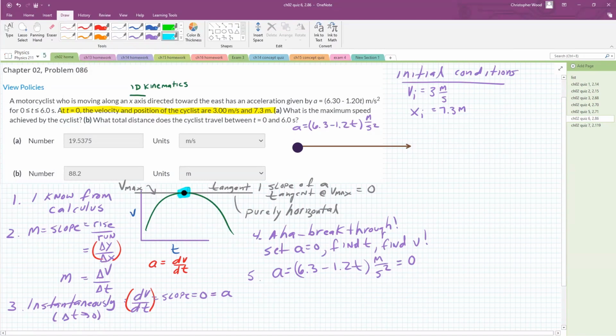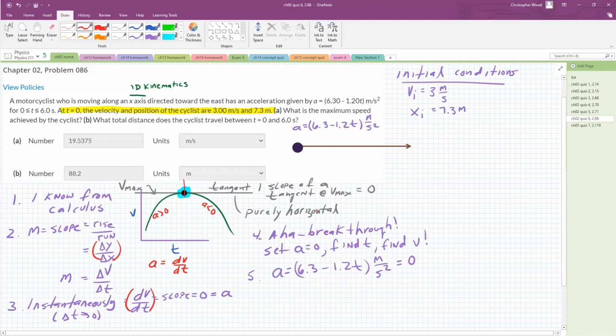So right at this point in time, the velocity is not changing. And in fact, the acceleration is literally flipping from some positive value to some negative value. Before this inflection point, acceleration is greater than 0, but after that inflection point, acceleration is less than 0. So right between that transition, you have acceleration equal to 0.